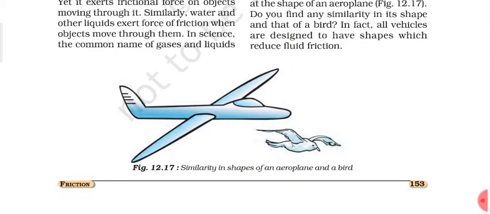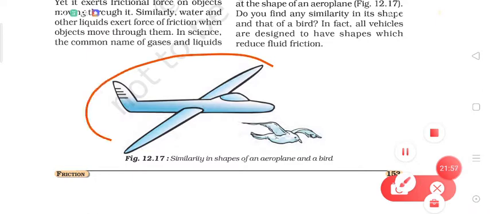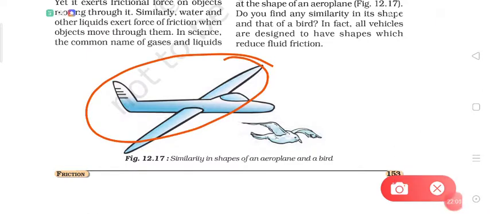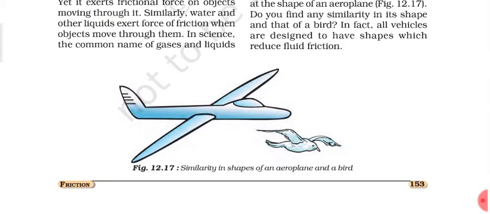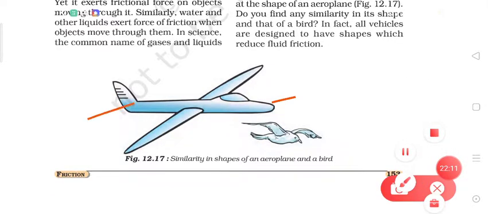And you know, today things like aeroplanes or ships have a particular shape that is called a streamlined shape. The streamlined shape is always pointed at the ends and broad in the middle, right?